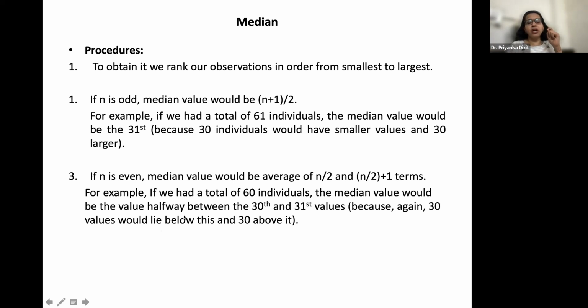N by 2 is 5. Fifth observation, not 5. Fifth position. Then n by 2 plus 1 means sixth position. So we have a fifth position, we have a sixth position, and then we have to take an average.